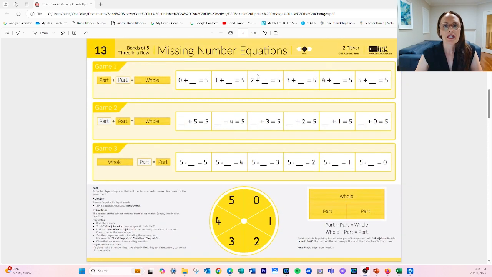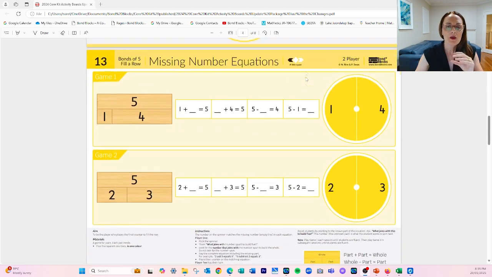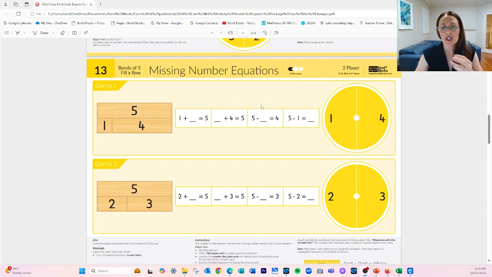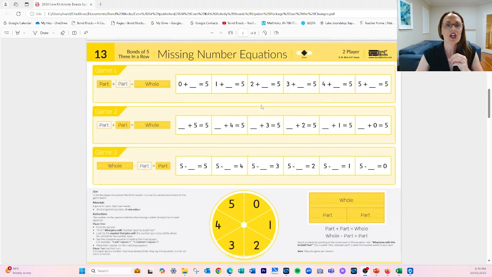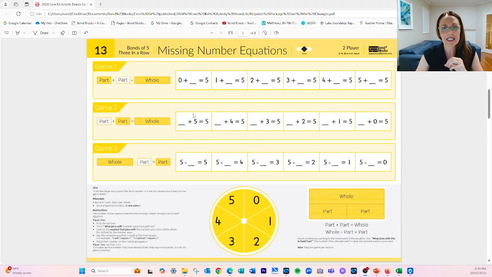When they do the core version, they may still need support, and Tier 2 intervention students probably wouldn't get to the little harder version. If I'm looking at Tier 3 students, they would be doing the little easier version, but they would still be doing that with support because it's a higher order skill, and I wouldn't be expecting my Tier 3 students to be able to get to this level, especially not without support.